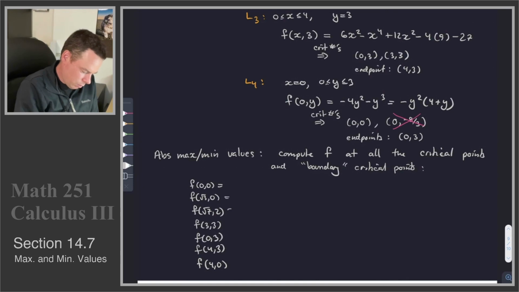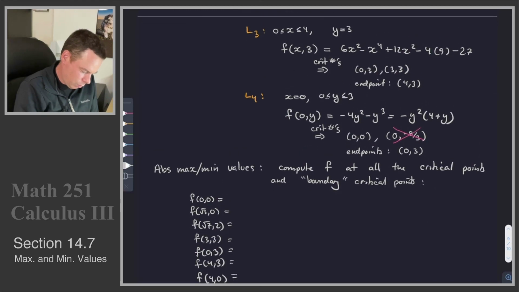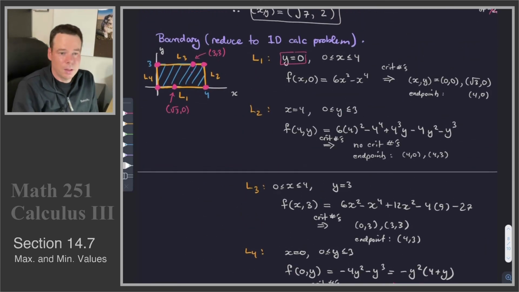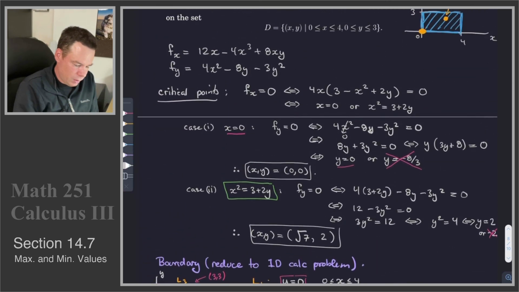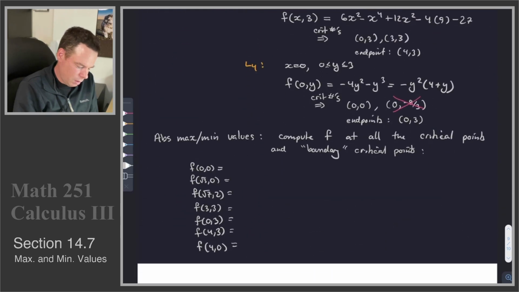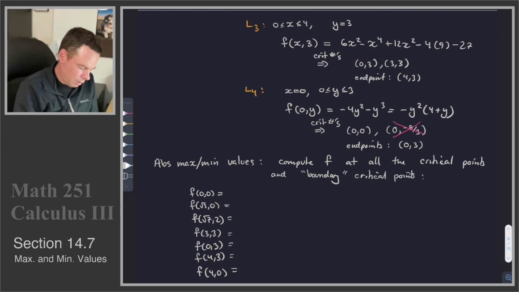So those are all the points that we had. So again, let's make sure the count is right. I'm counting 1, 2, 3, 4, 5, 6, 7 points that we have to evaluate at. I have 6 coming from the boundary from this diagram, plus the 7th one that's inside the domain, that (root 7, 2) point.